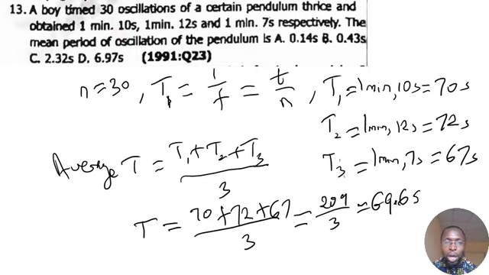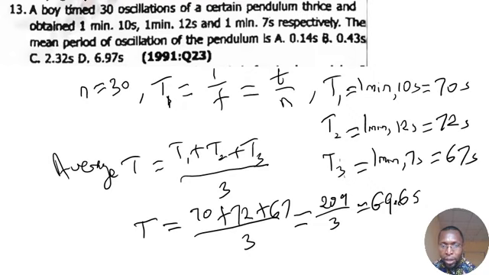Based on that question, a boy timed 30 oscillations of a certain frequency number twice. So this time here is this small letter t. This small letter t is the time recorded to complete 30 oscillations. But period is the time taken to complete one oscillation.